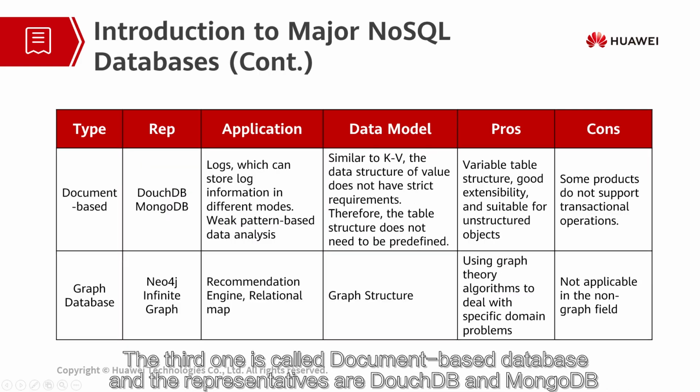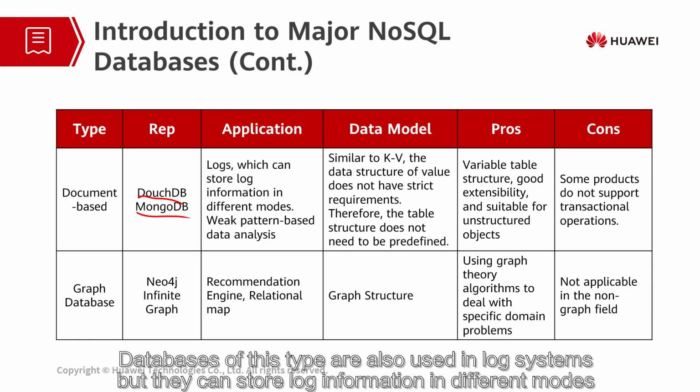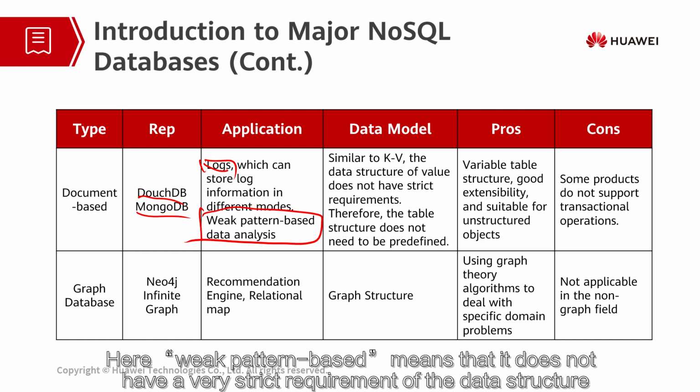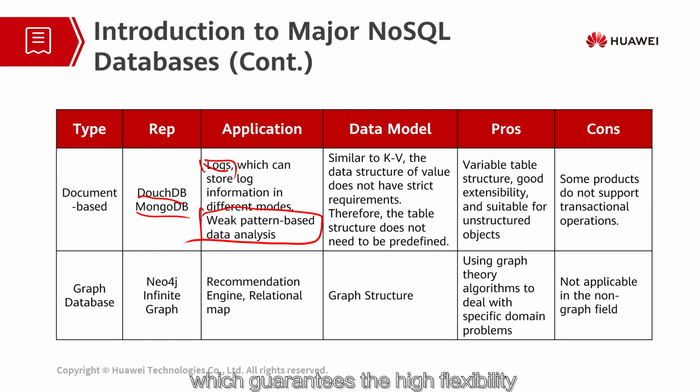The third one is called document-based database, and the representatives are CouchDB and MongoDB. Databases of this type are also used in log systems, but they can store log information in different modes. And moreover, document-based databases can be used in weak pattern-based data analysis. Here, weak pattern-based means that it does not have a very strict requirement of the data structure, which guarantees high flexibility.